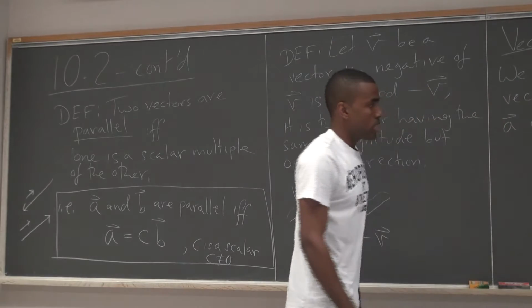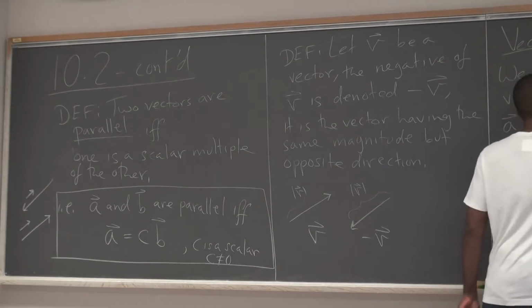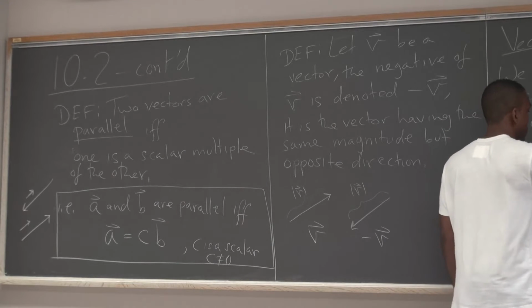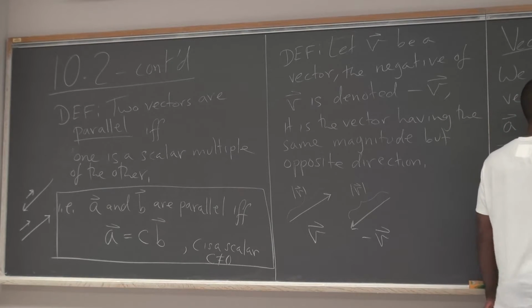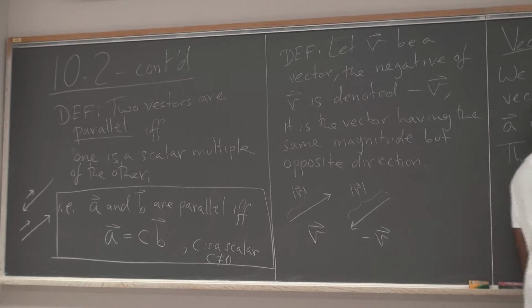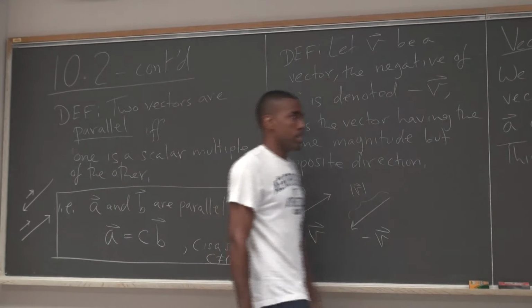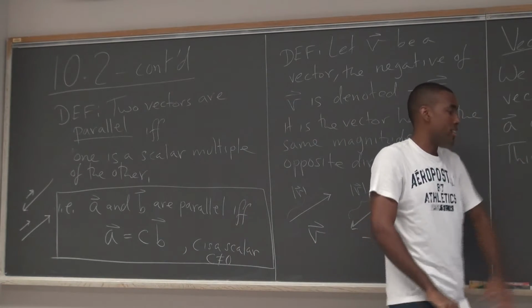When I write the notation a minus b, what does that mean? This means a plus the negative of b, right? Where the negative of b is defined this way. You just take b and flip it around, but then you do the same sort of process as adding, right?